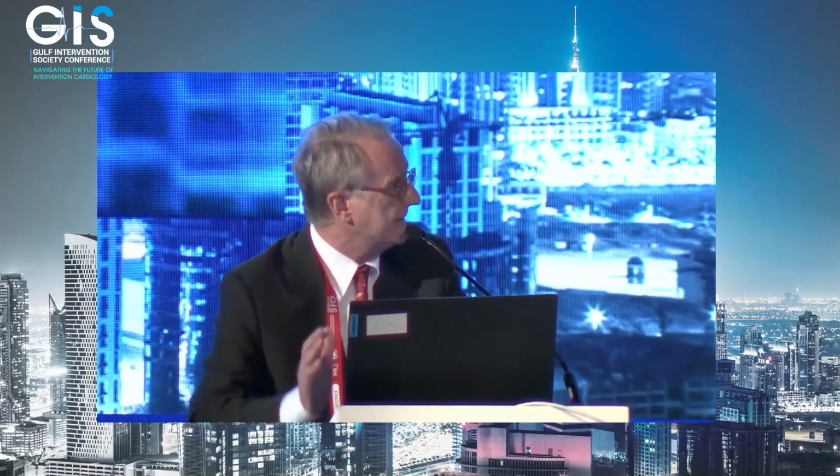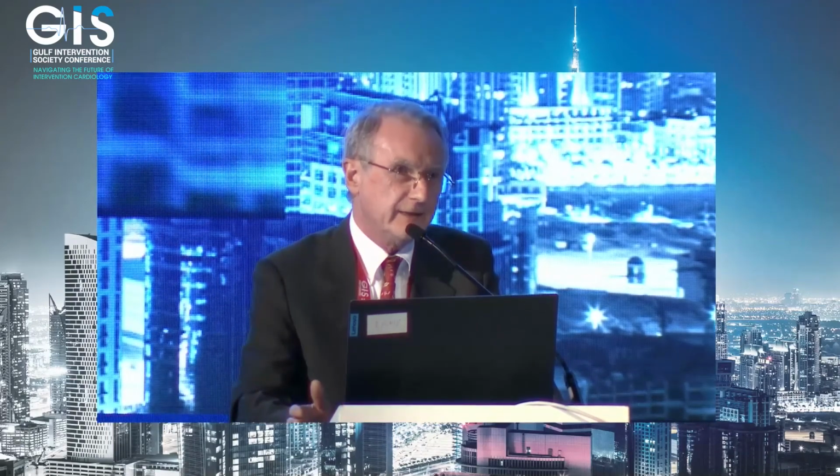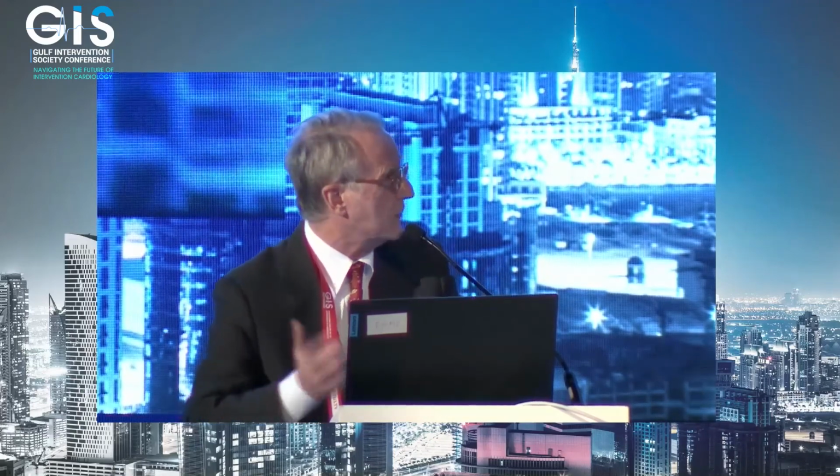But first of all, we need to understand which is a good DCB, because there are so many DCBs. Now we know that DES are very similar. We still don't know for DCB. So we may do a trial with a DCB and then discover that the trial is negative because we didn't use a good DCB. So first of all, we need to know the DCB.